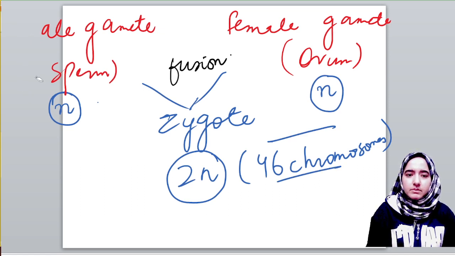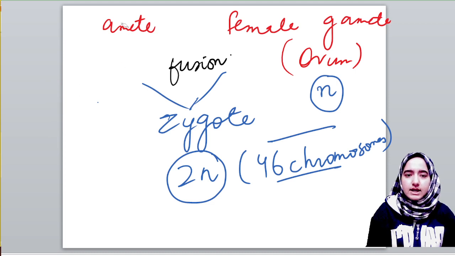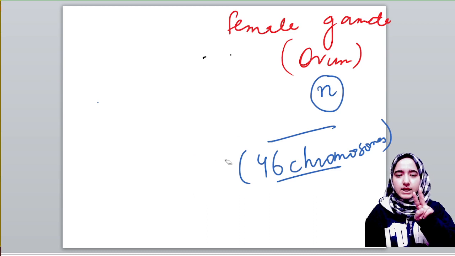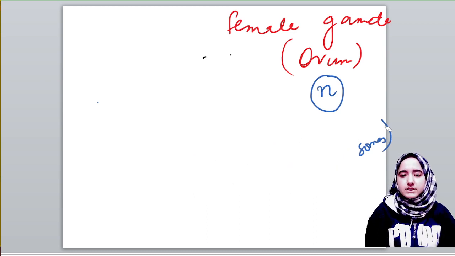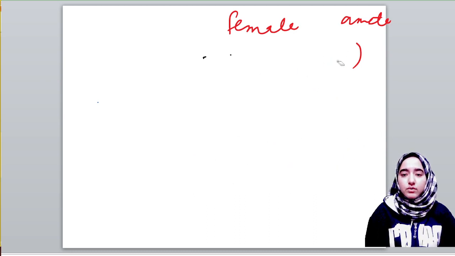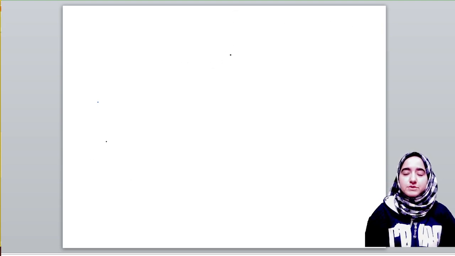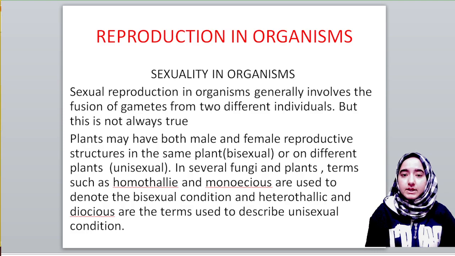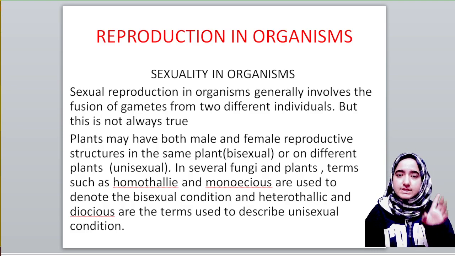But please remember, it's not always necessary that male gametes and female gametes will be formed in two different organisms, that is male and female respectively. We have so many plants and organisms in which the male gamete and female gamete are produced in the same organism.